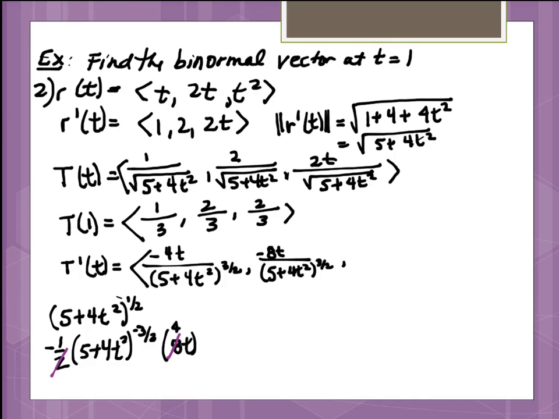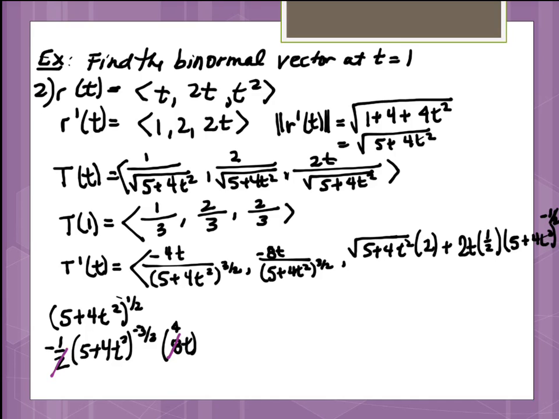So I'm going to have the denominator times the derivative of the numerator plus the numerator times the derivative of the denominator. We've already worked through this on other problems, so I'm not going to belabor the point too much. Alright, so there's the 1/2.